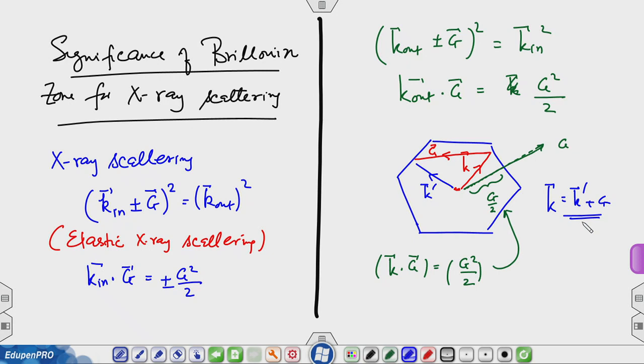The k vector from the center to the Brillouin zone boundary can be mixed with another reciprocal lattice vector, and that opens up a gap, and we will see that during the discussion of band theory. So, this is the significance of Brillouin zone.